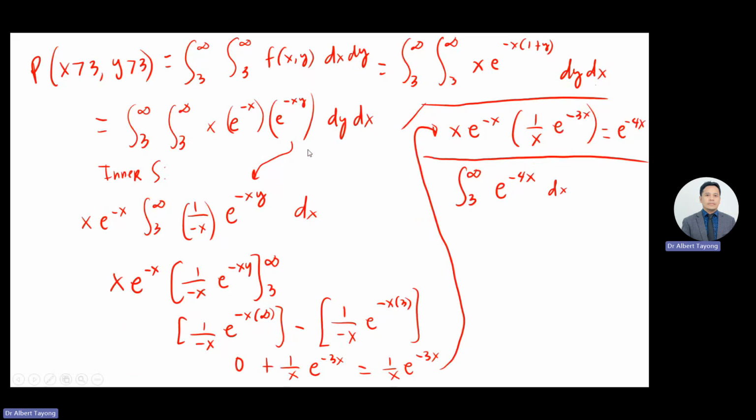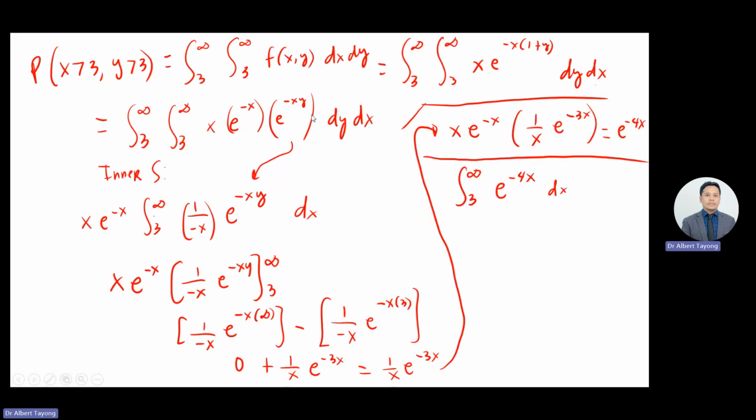And we can transfer the x times e raised to the power of negative x outside because this contains x. The remaining is e raised to the power of negative xy. So this one is outside; we copy this. This is for the x, from 3 to positive infinity.